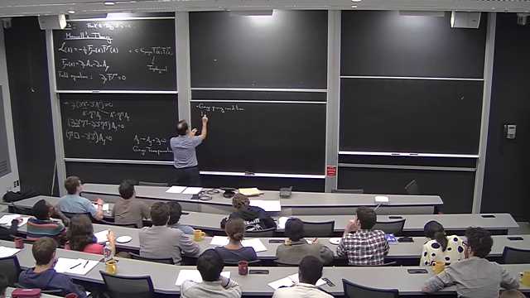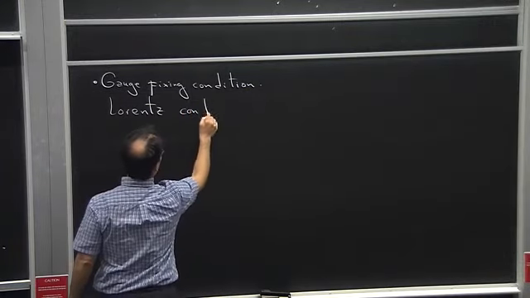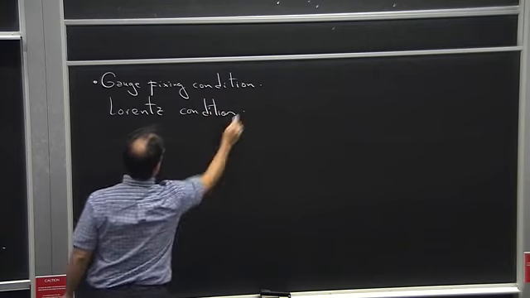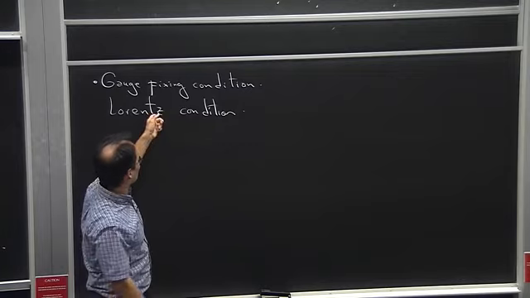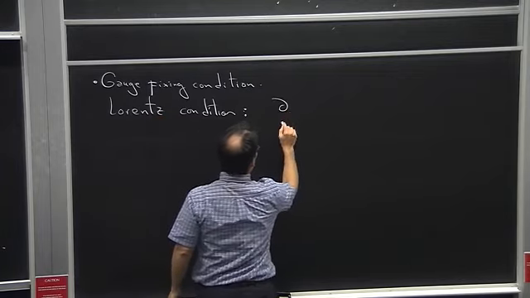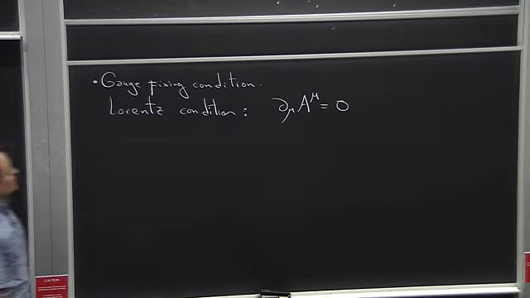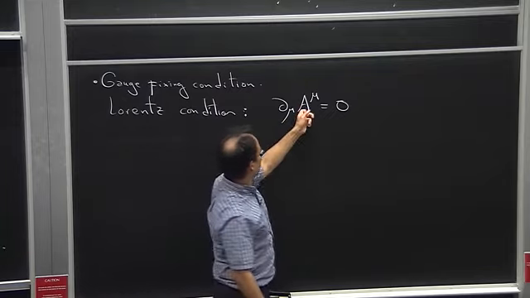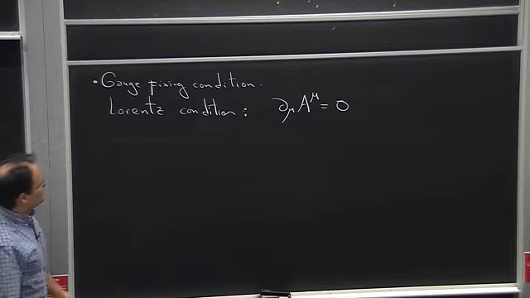So one is the Lorentz condition, which has kind of a historical accident. It has the T. So the condition that one can impose is to ask the gauge potential to have 0 divergence in 4 dimensions, okay?